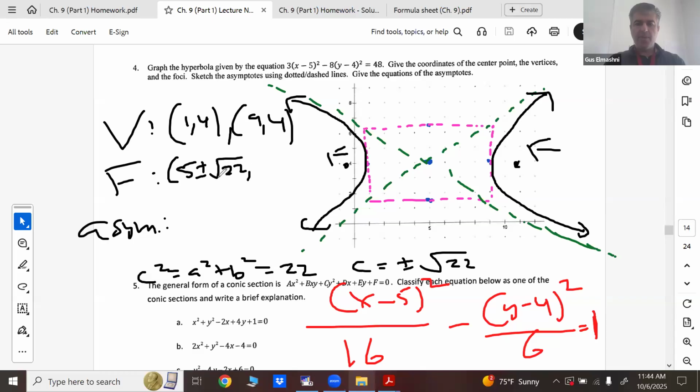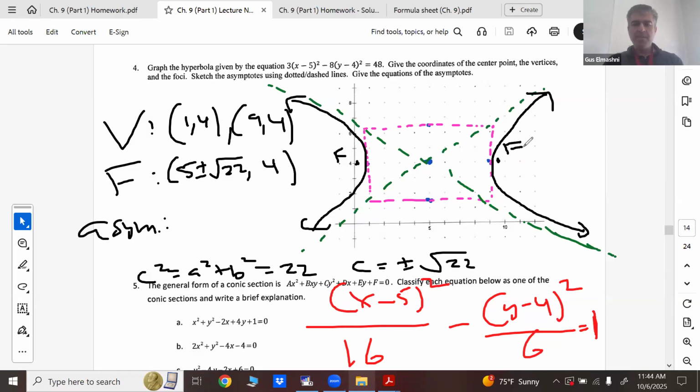Actually, I did go a little bit too far to the left. It's okay. Because root 22 is roughly what? Yeah, it's not quite 5. So I should have gone over here, actually. I was haphazard about it. Yeah, kind of like right there.